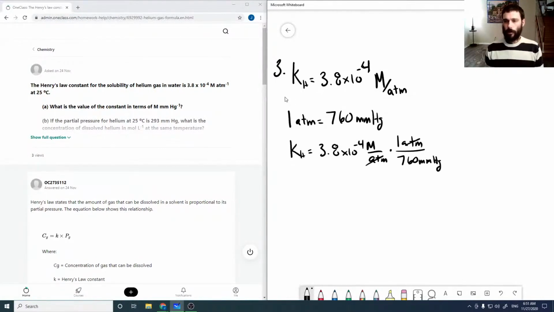The atmospheres cancel, and we are just dividing 3.8 times 10 to the minus 4 by 760, which comes out to be 5.0 times 10 to the minus 7 molar per millimeters of mercury.